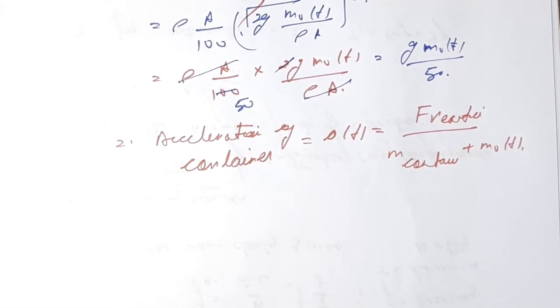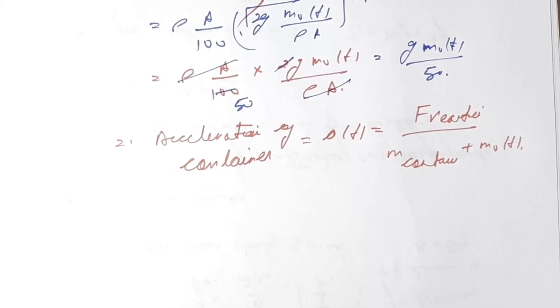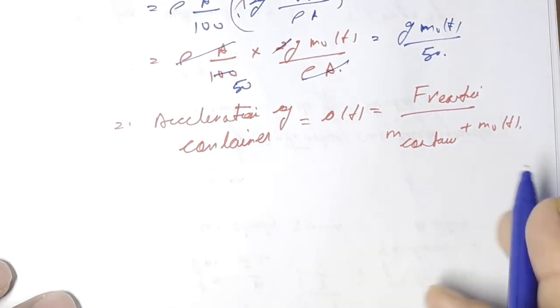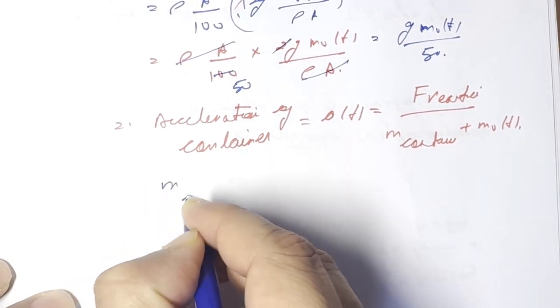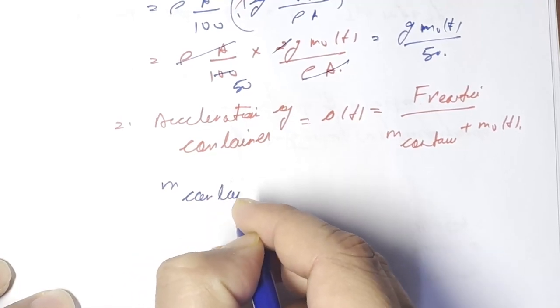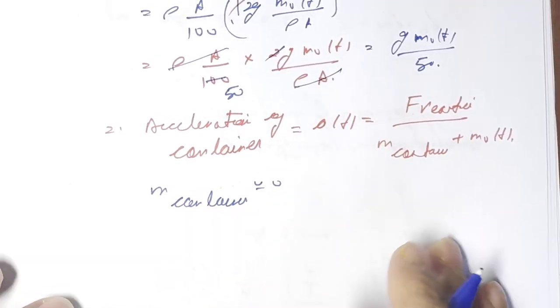In the question, the mass of the container is given as negligible, so we can say m container is approximately equal to 0.